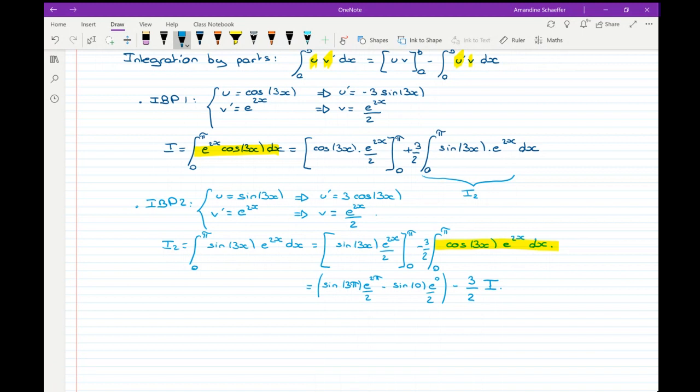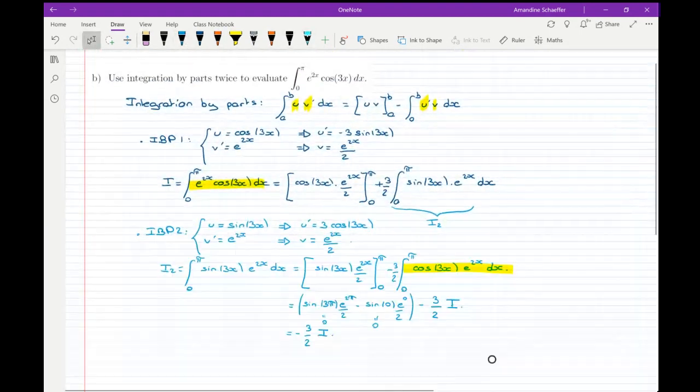And sine of 3 pi, sine of 0, it's all 0. So we get that my integral I2 is just negative 3/2 of the integral I. Okay, so now let's put everything together.